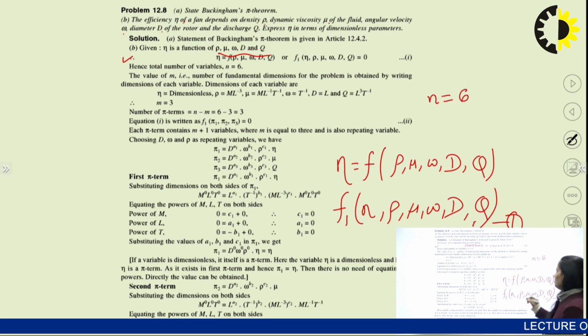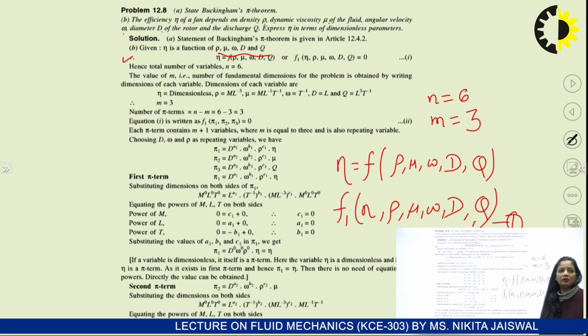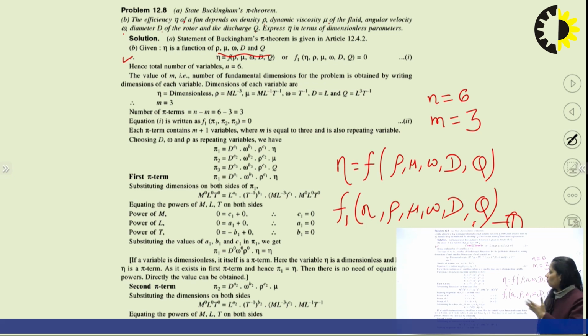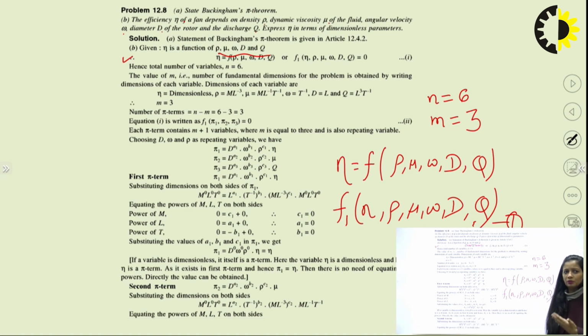And what is m? The number of fundamental dimensions is equal to 3. So when m is 3 and n is 6, you also need to write the dimensions of all these variables. Eta, the efficiency, is a dimensionless, unitless quantity.